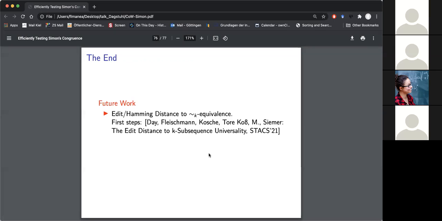We have a paper again at STACS 2021 about the edit distance to so-called k subsequence universality. But the general problem still remains open. Given two words, how far are they with respect to one of these classical distances, edit distance, Hamming distance, to become sim-k equivalent? Sorry for being late, and thank you for your attention.